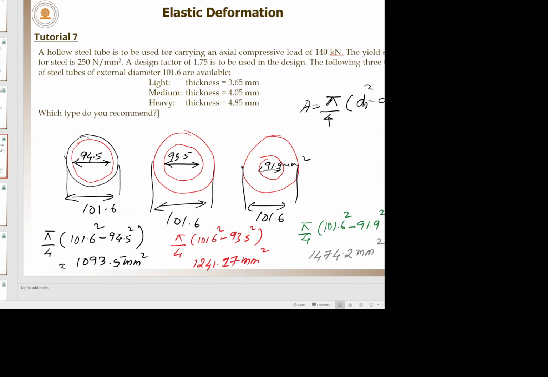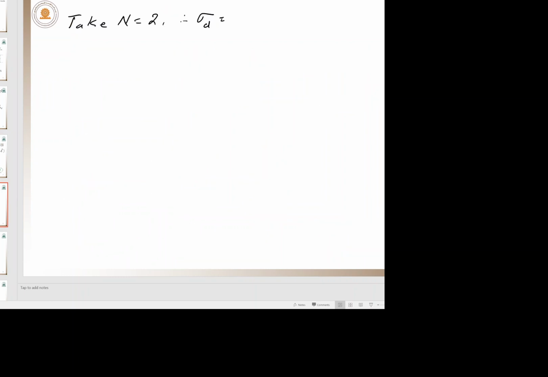Okay, fine. So 250 is the yield stress. Sigma design is equal to sigma yield by 2, that is 250 divided by 2, that is 125 Newton per millimeter square. This is your design stress.